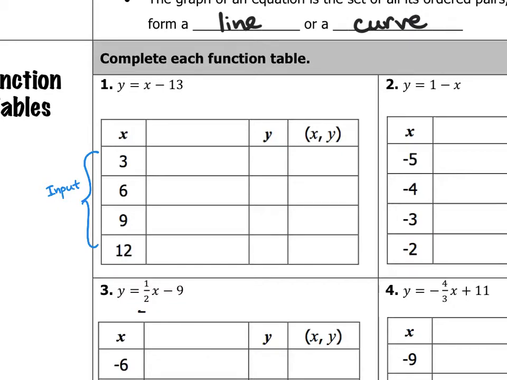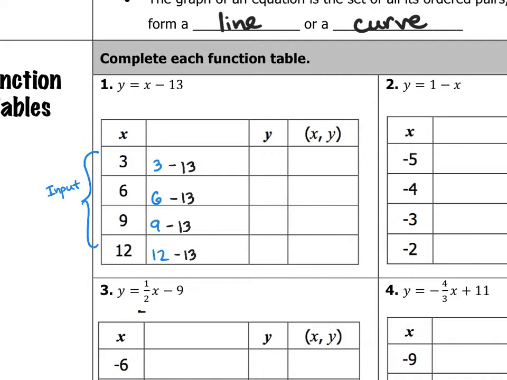Okay, so I know y is equal to x minus 13. So if I substitute in 3 for x, that's going to be 3 minus 13. If I substitute in 6, that will be 6 minus 13. If I substitute 9, that's 9 minus 13. And if I substitute 12, that's 12 minus 13.